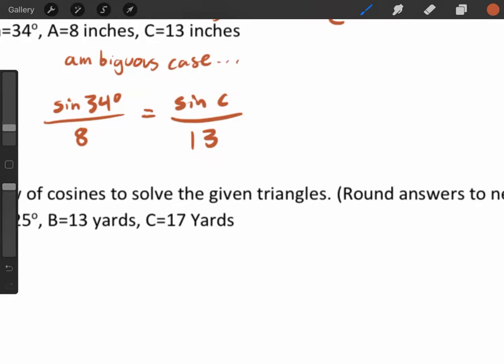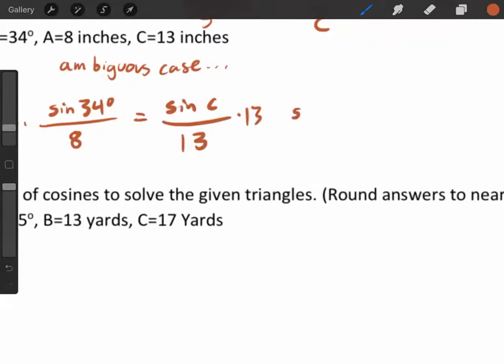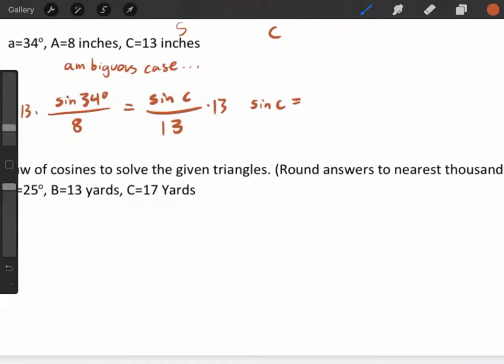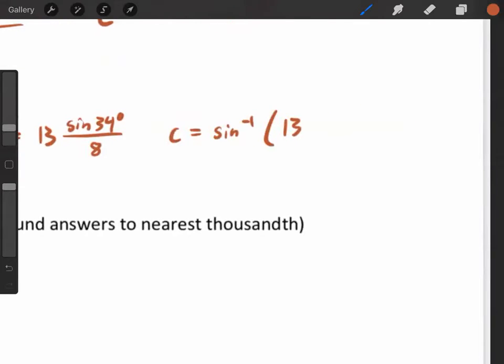So we multiply both sides by 13. Then we have sine c is equal to 13 sine 34 degrees over 8. And then we do the sine inverse. So c is equal to sine inverse of 13 sine of 34 degrees over 8.